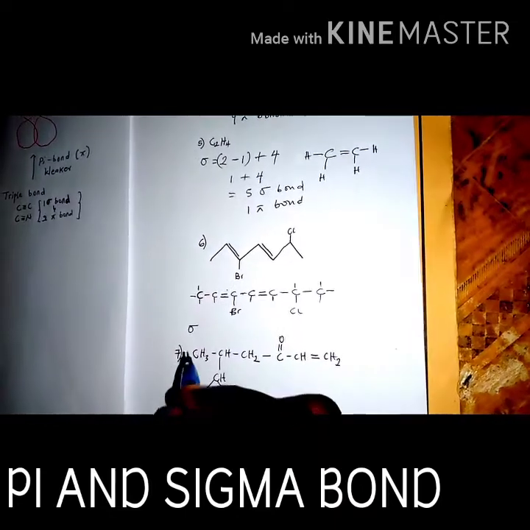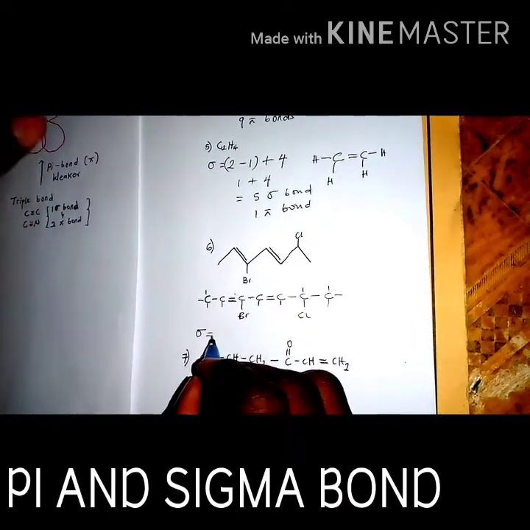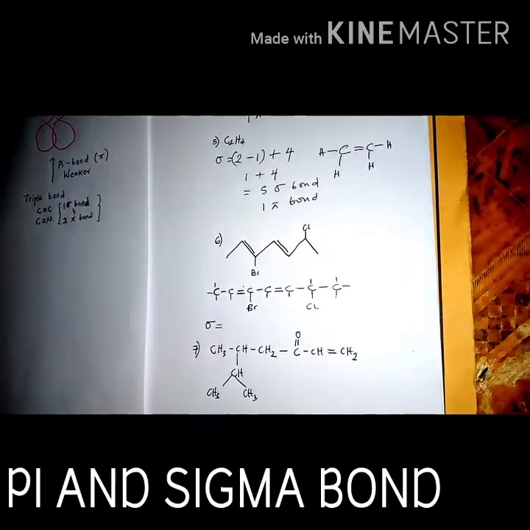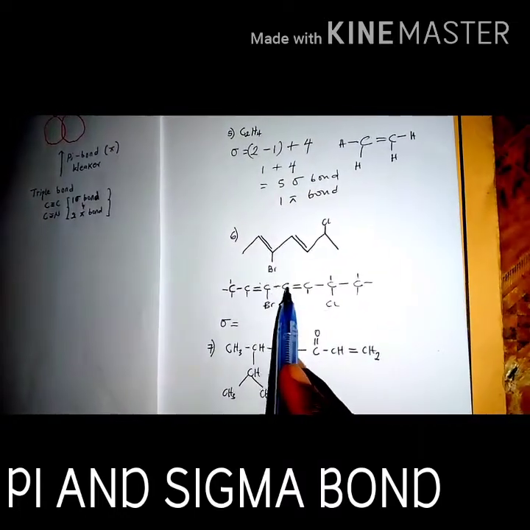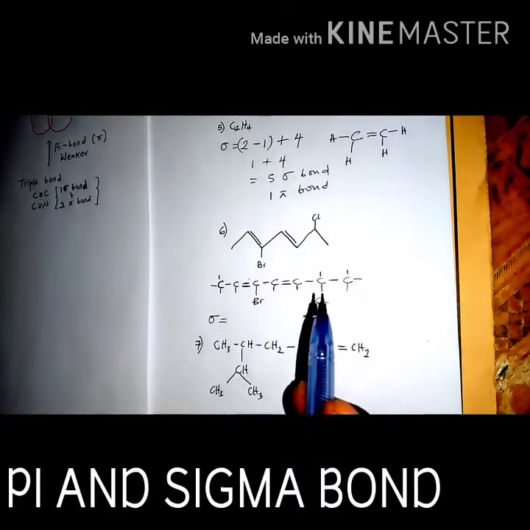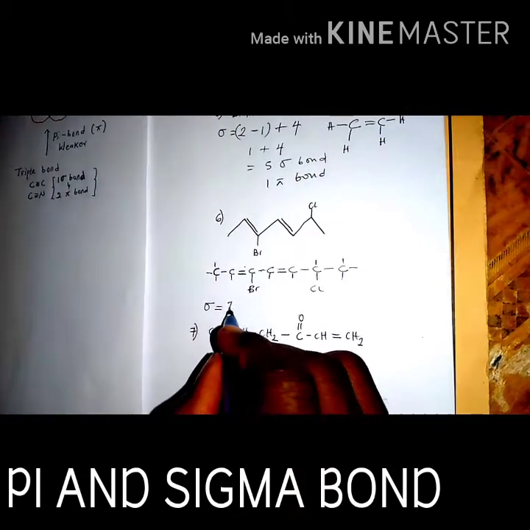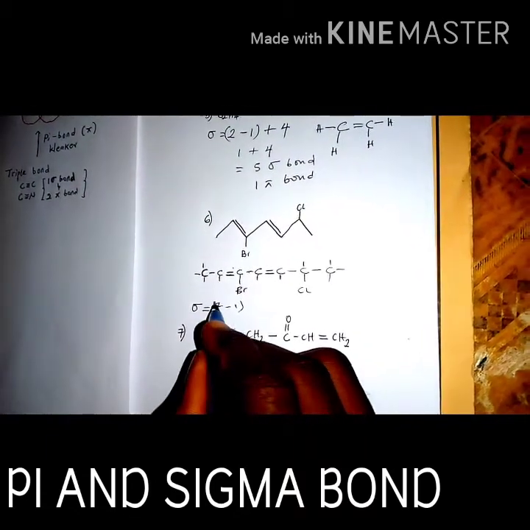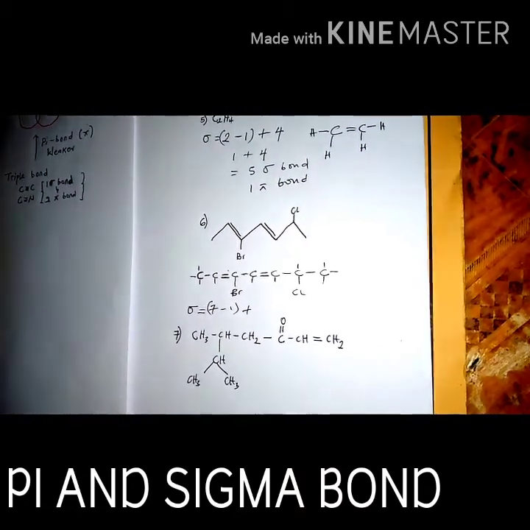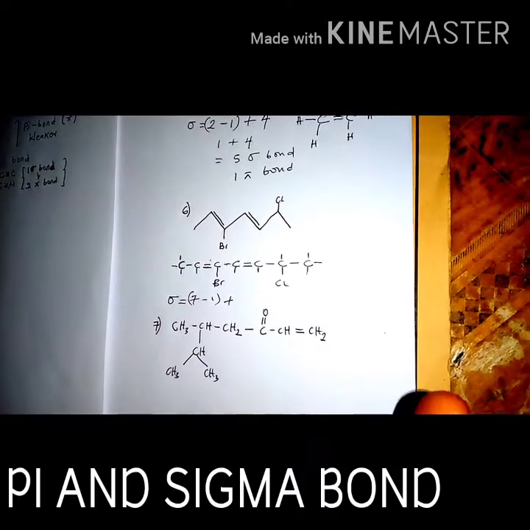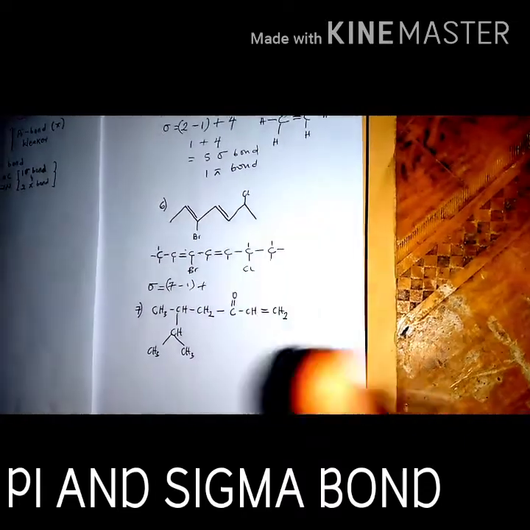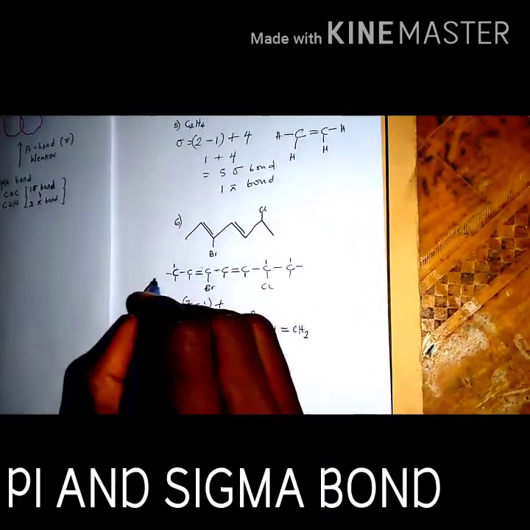Sigma bonds is equal to number of carbon atoms. How many carbon atoms do we have here? 1, 2, 3, 4, 5, 6, 7. 7 carbon atoms. 7 minus 1 plus number of any other substituent, any other atoms. So we have hydrogen.